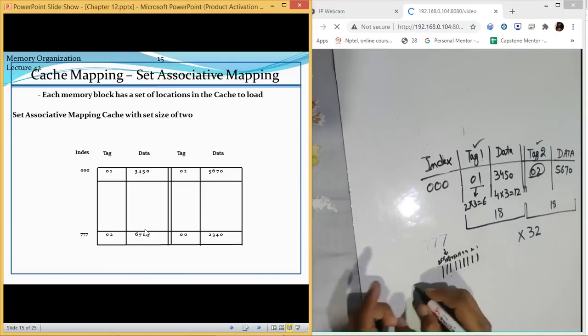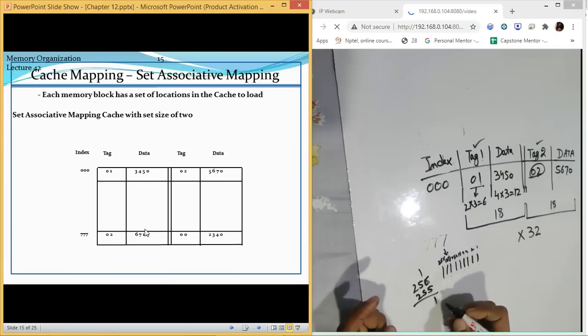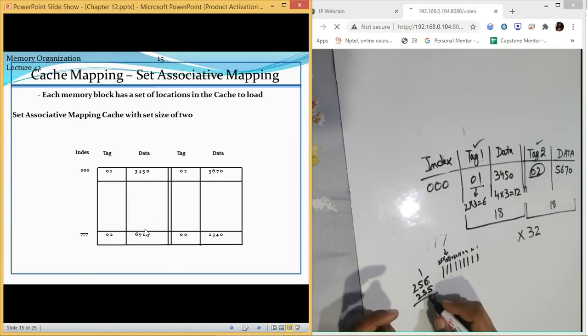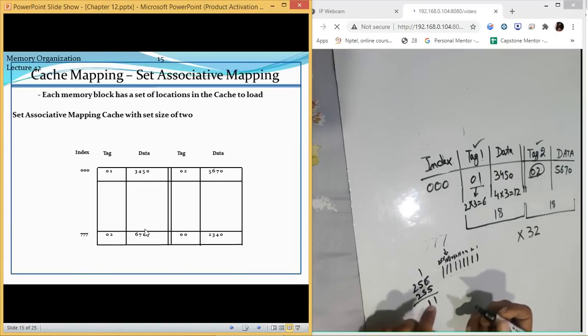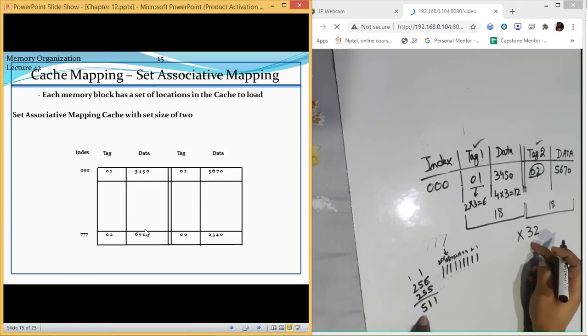So 256 plus 255 is 511. Okay. So the total capacity will be 511 into 32. So that will be the total capacity which we are going to have.